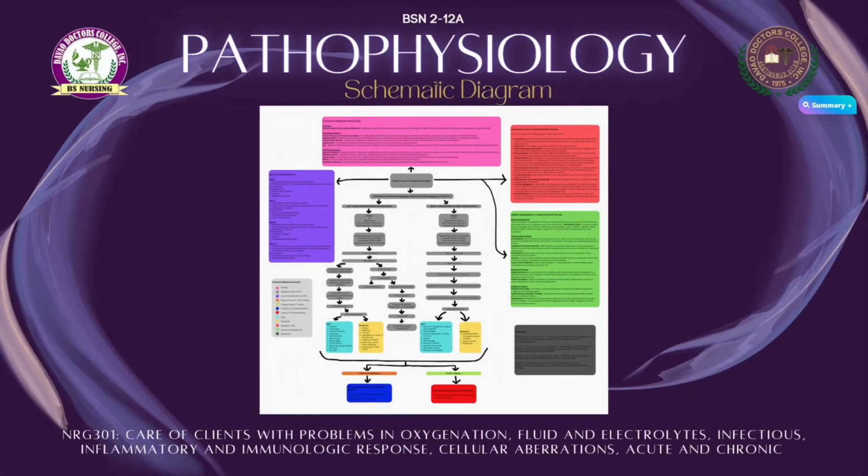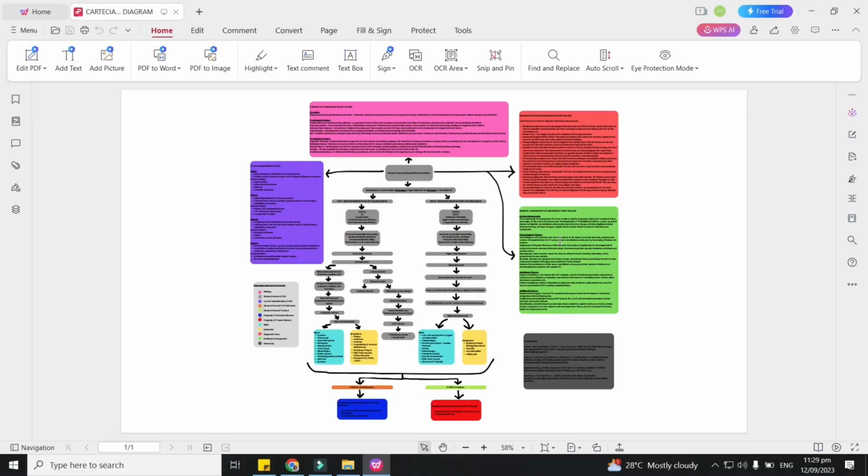As you can see in the picture, it's all quite blurred because it is the rundown, the smaller version of the schematic diagram. But later on, I will be flashing the whole diagram in a while. Okay, so here we are now at the schematic diagram. So let's zoom in and let's start.